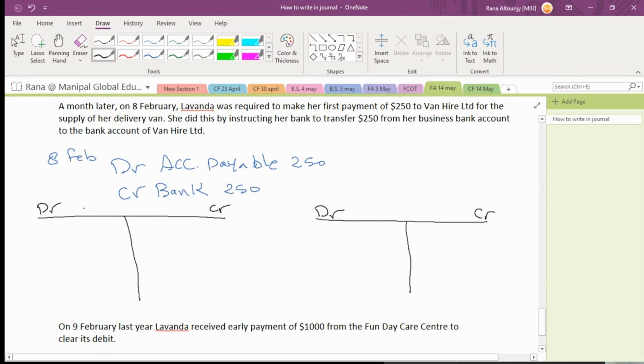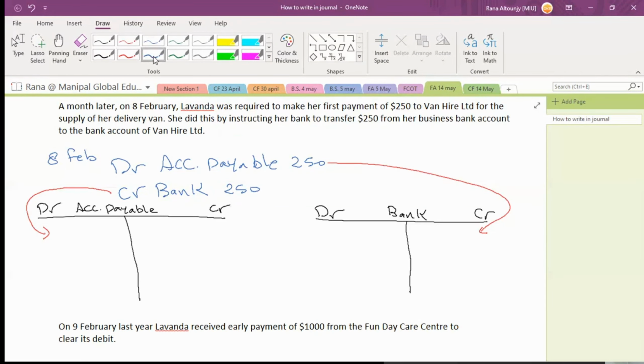So we have the accounts payable and we have the bank. How do we transfer the transaction? The accounts payable is in the debit side, so we transfer the other side of the transaction to its debit side. The bank is in the credit side, so we transfer the other side of the transaction to its credit side.